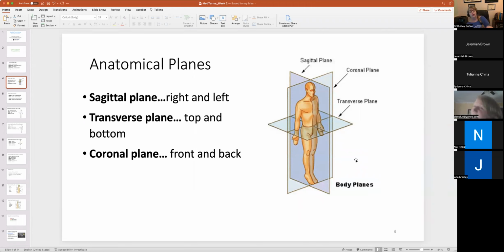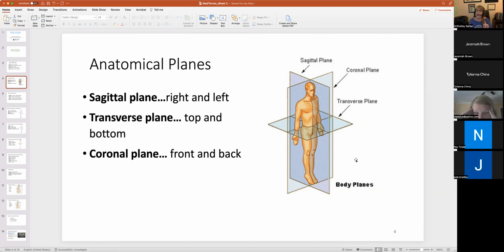But if we were going to saw somebody in half at the waist, that would be sawing them in half in the transverse plane, because transverse means across. Okay, transverse. And when we get to the digestive system, you're going to learn about the transverse colon, which is one portion of your large intestine. How exciting is that? Look at, you're already advanced.